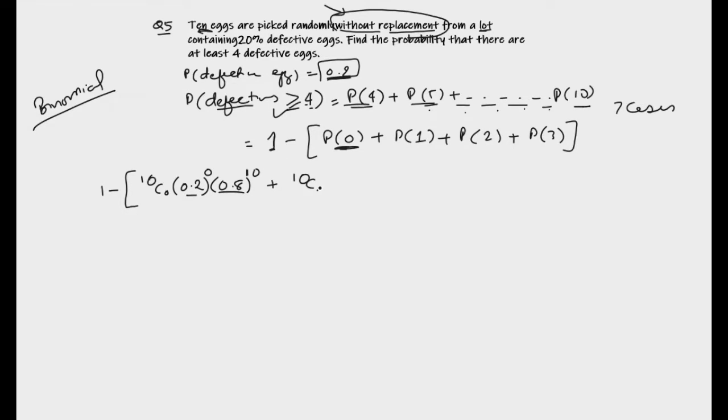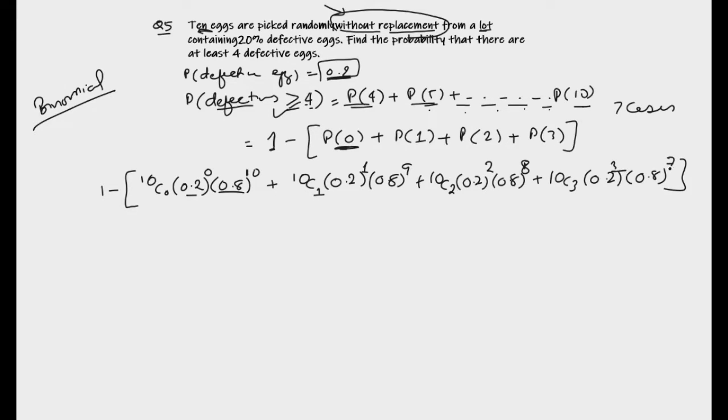Next, there is one defective, so power 1, and good ones are 9. Similarly, for 2, it will be 10C2, 0.2 to the power 2 and 0.8, which are good ones, to the power 8. Then 10C3, 0.2 cubed, 0.8 to the power, how much? This was 3, so this will be 7.